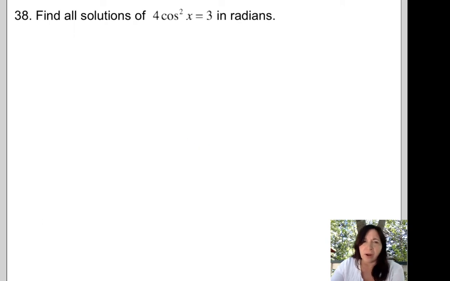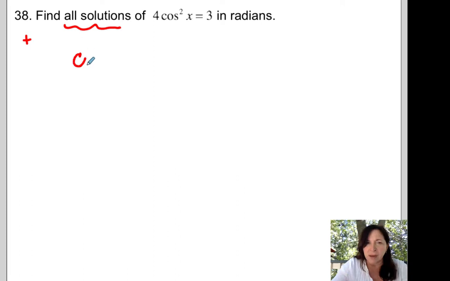Next question says, find all the solutions. So all solutions is going to be like plus pi n, 2 pi n, meaning you're multiplying by 1, then 2, then 3. What I see for this problem right here is I'm trying to solve for cosine of x. So what I'm going to do first is divide by 4.